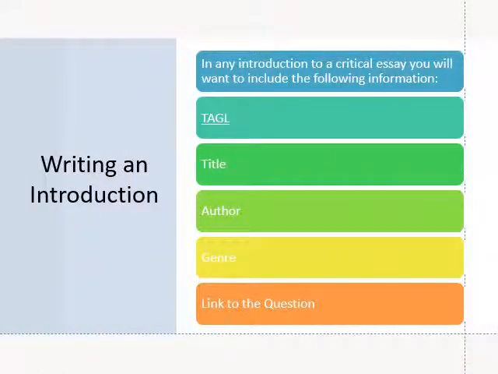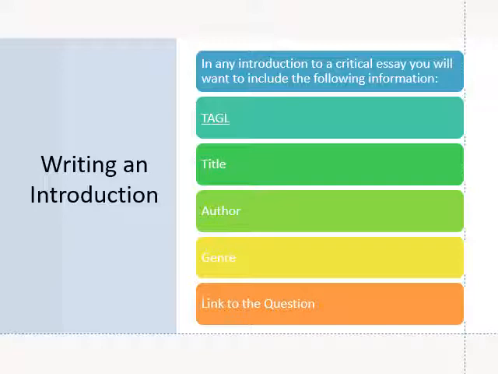First of all, we'd like to show you how to write an introduction to a critical essay, and you can use this for any critical essay that you're going to be writing in English. There's a helpful formula that you can follow, which we call TAGLE. This stands for title, author, genre, and link to the question.